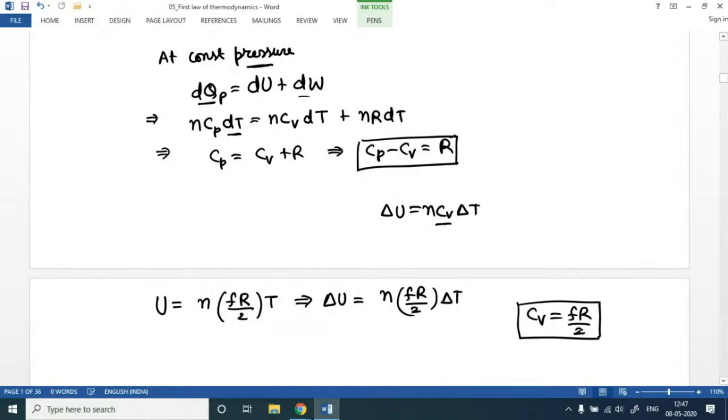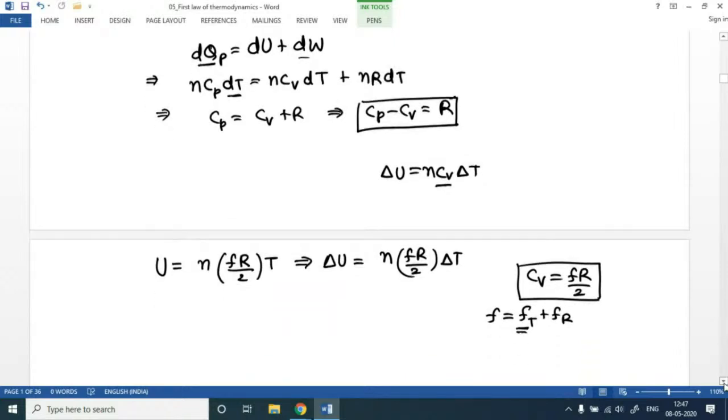Also, f is nothing but f translational plus f rotational. The translational degree of freedom will always be 3, for a monoatomic gas, polyatomic gas or whatever type of gas. The rotational degree of freedom will be 0 for a monoatomic gas, 2 for a diatomic gas, and 3 for a polyatomic gas which is non-linear.